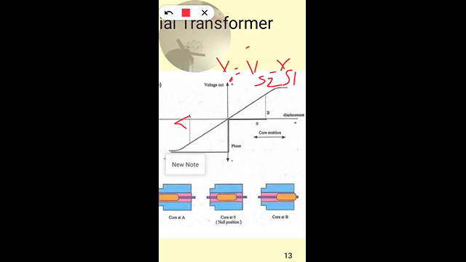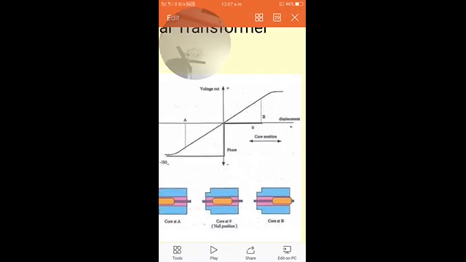This is 3, this is 5, so minus 2. So we can say the core is moving towards the left.